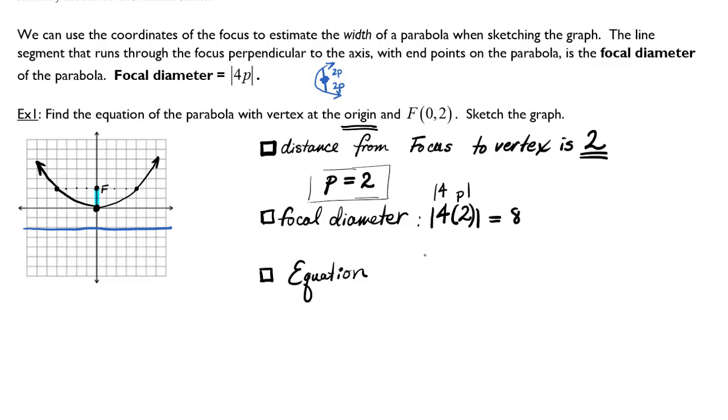And my equation will have the form x squared equals 4py. So this is fairly straightforward. I just substitute P with 2, and I get x squared is equal to 8y.